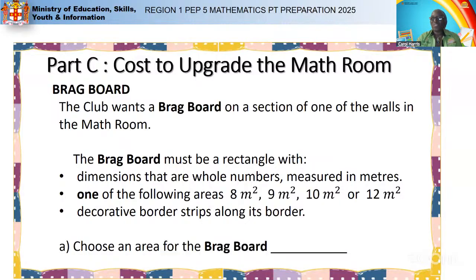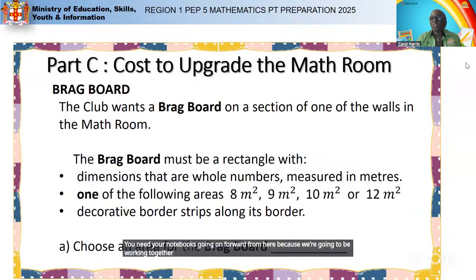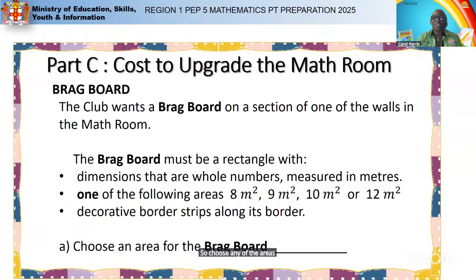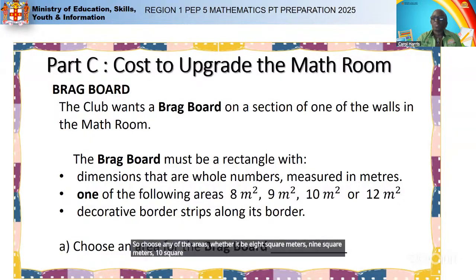You need your notebooks going forward from here because we're going to be working together, but you also need to be doing your calculations as well. Choose any of the areas, whether 8, 9, 10, or 12 square meters.